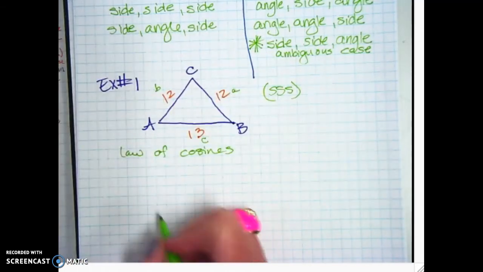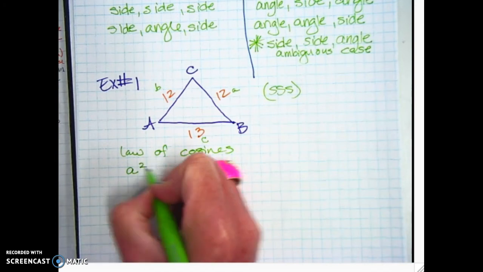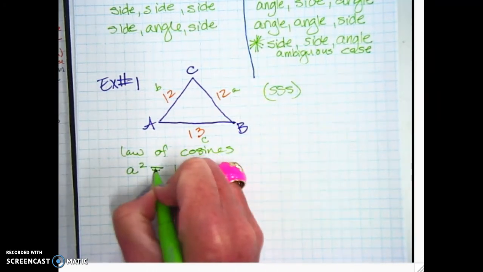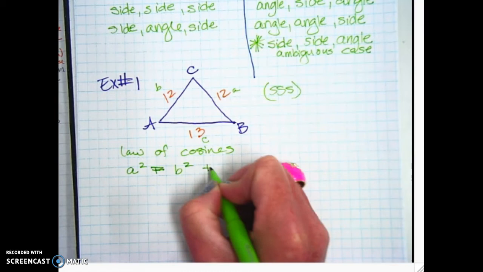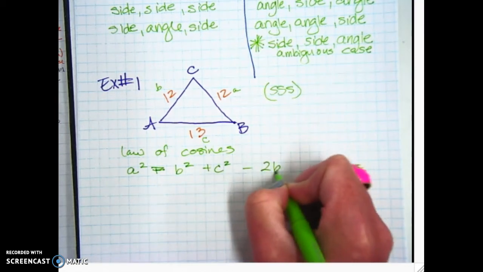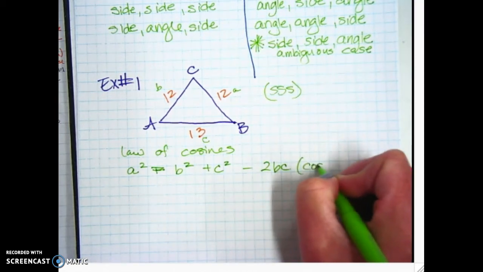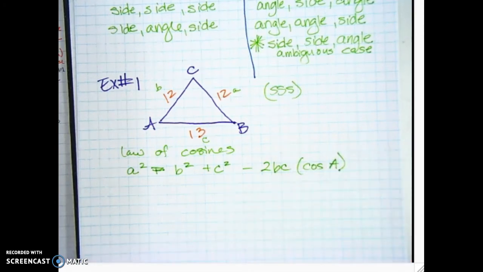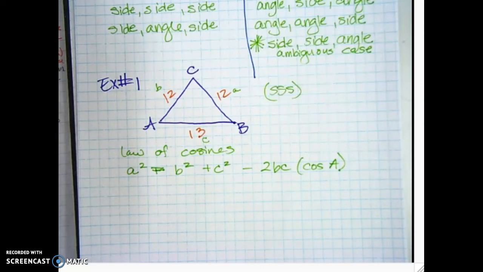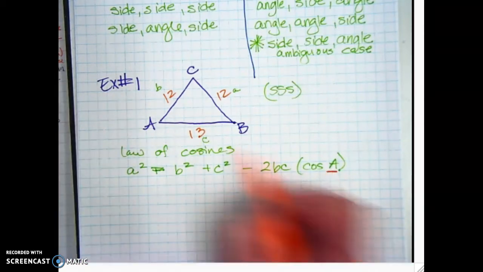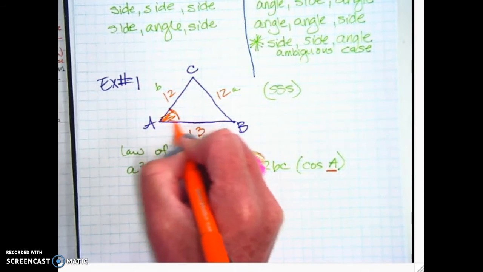So let's do A. A squared equals B squared plus C squared minus 2BC times the cosine of A. So if we know all three sides, what are we looking to solve for? All three angles, right? So the first thing we're going to solve for is angle A, right? That's going to go in here.